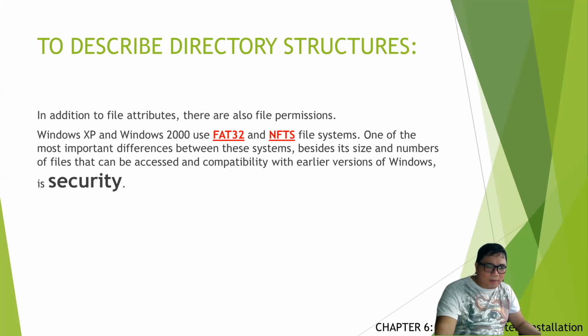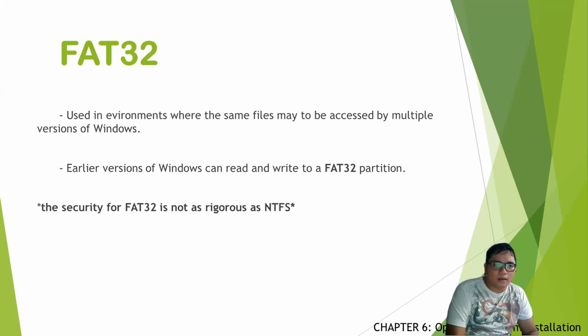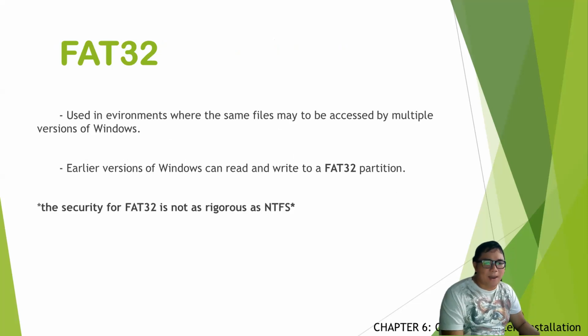But likewise, ito naman ay ginagamit pa rin even in the Windows 8, Windows 10, or including the Windows 11. Sa FAT32, it is used in the environment where the same files may need to be accessed by multiple versions of Windows. So earlier versions of Windows can read and write to a FAT32 partition. So the security for FAT32 is not as rigorous as NTFS.